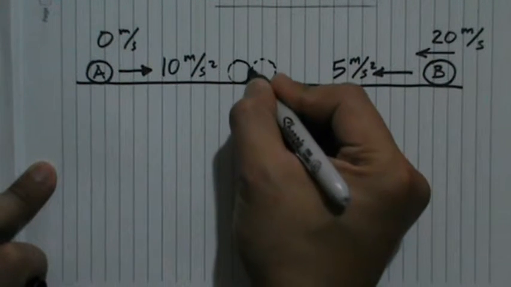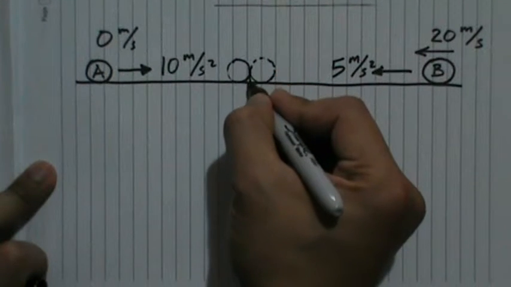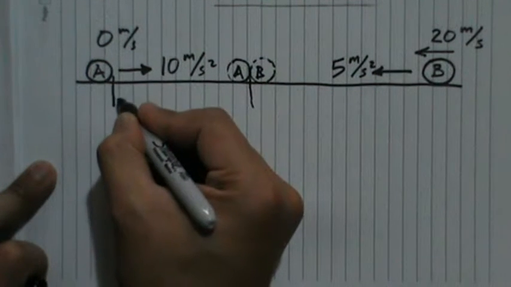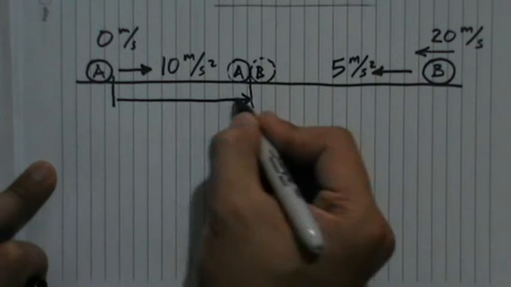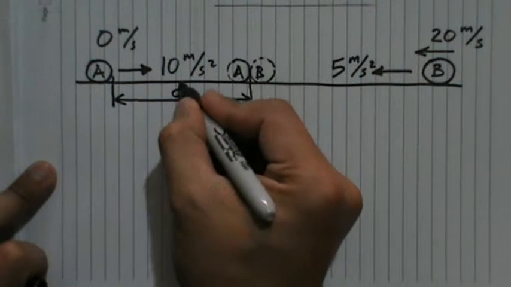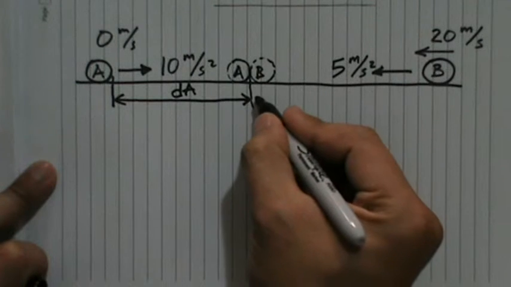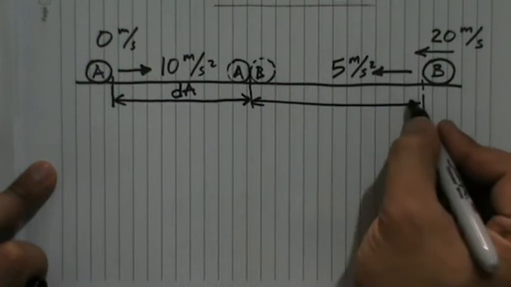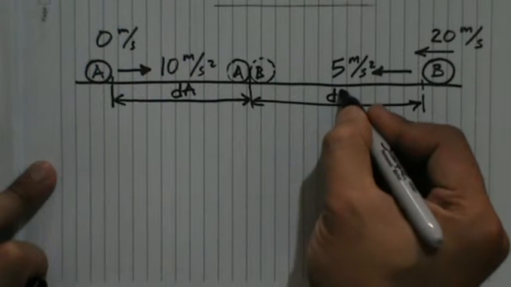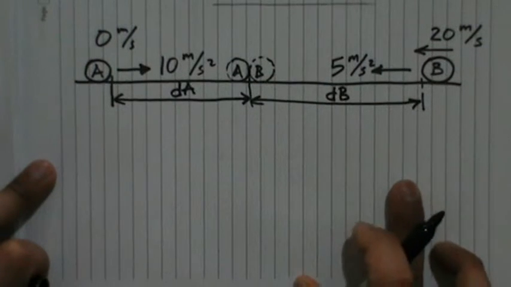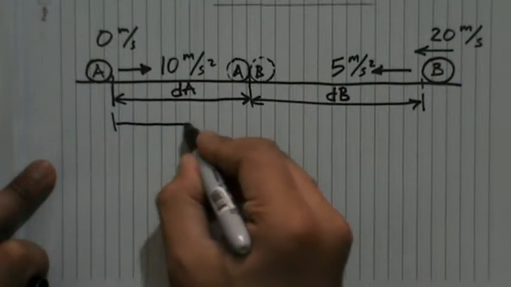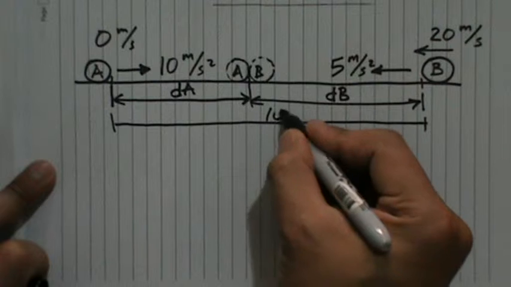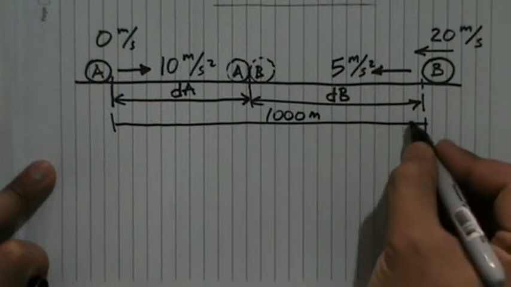Let's imagine they meet here, and this is A, B, and the distance traveled by A here, let's call distance A, dA, and the distance traveled by B here, let's call it distance B or dB, and their initial distance here is 1000 meters.